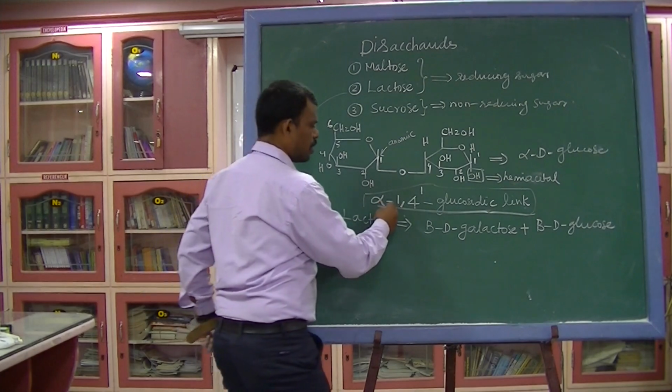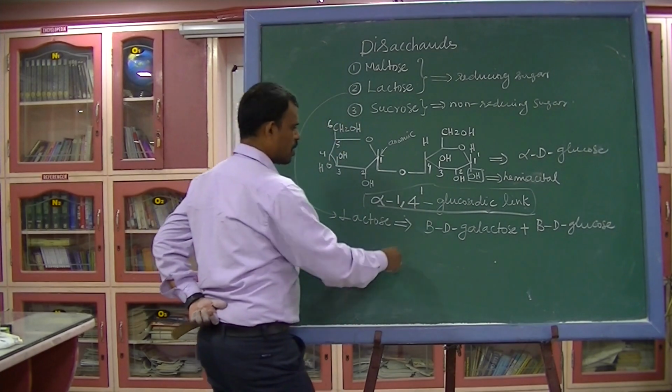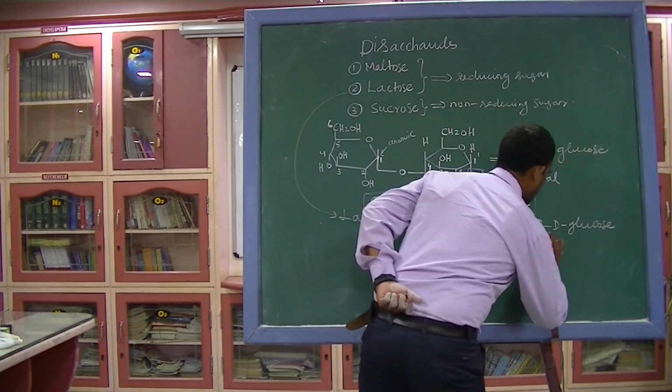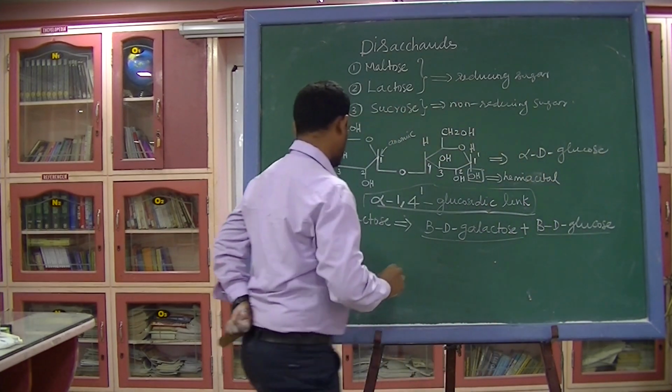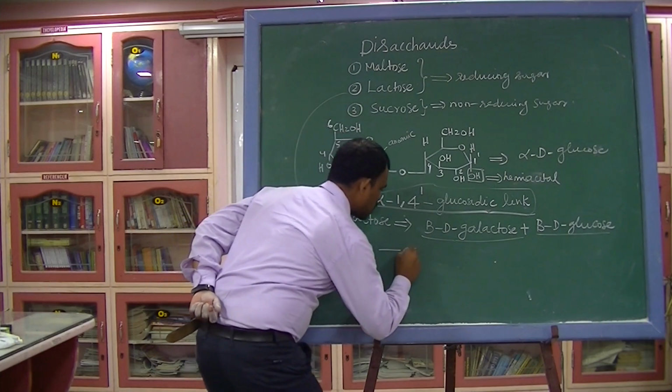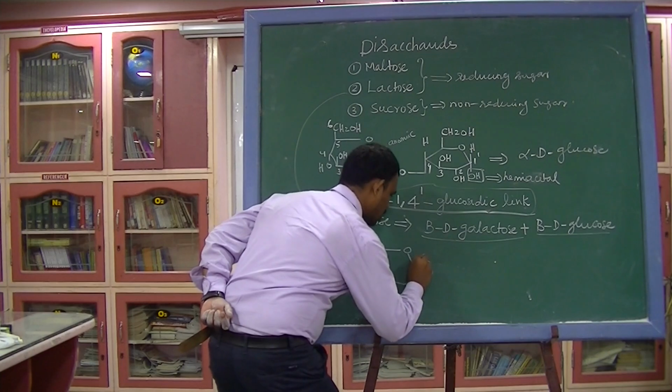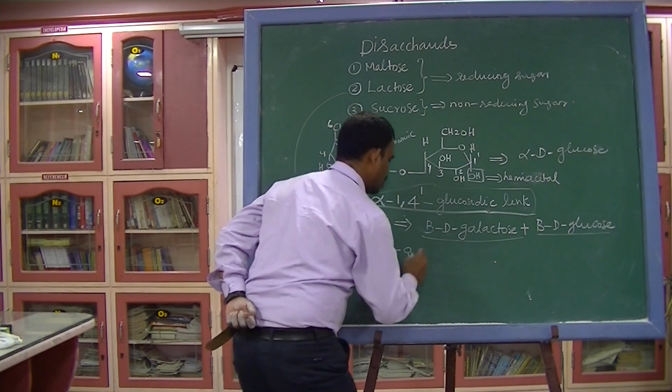We will see the structure. So it has one beta D galactose and one beta D glucose. The structure of this one: so this is a beta.